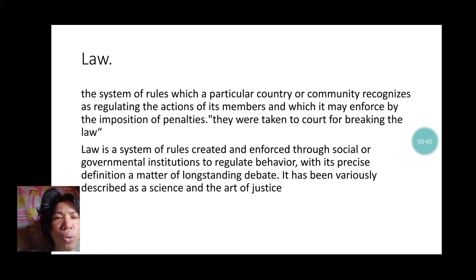So law is a system of rules created and enforced through social or governmental institutions to regulate behavior, with its precise definition a matter of long-standing debate. It has been variously described as a science and the art of justice. So law was created just to give justice for everyone.